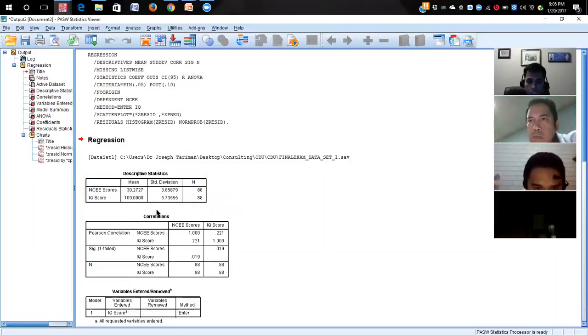The mean of our IQ score is 109. And the Pearson correlation is 0.221, which is a weak correlation, but still a positive correlation because there's no negative sign there. And it is statistically significant because we have 0.01 for the p-value for our one-tailed test.